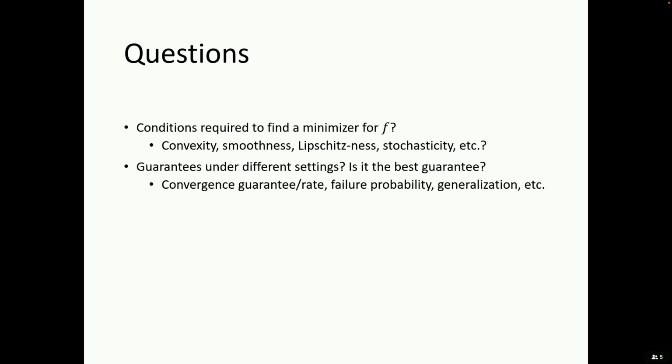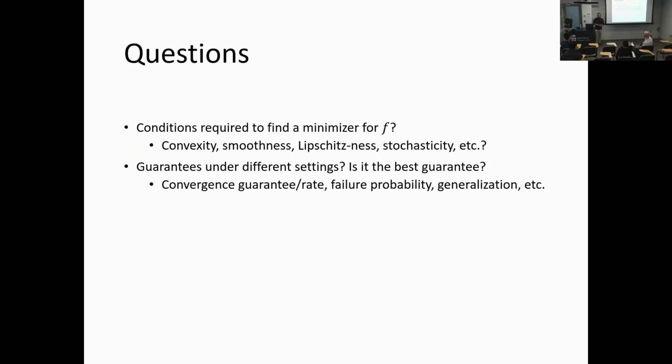Another pretty difficult topic, but of great interest, is generalization. A lot of the time your data is drawn from some distribution, and you want the solution you find to generalize well to the whole population instead of just the empirical loss. That is another consideration, which I will not talk about today, but it certainly is of great interest, and we also have some other work that looks into this.